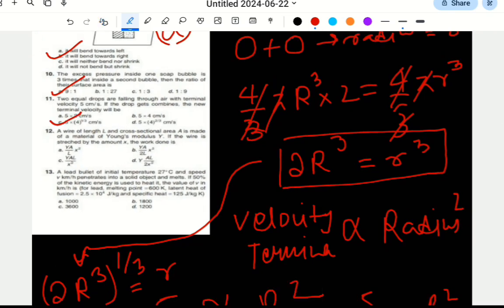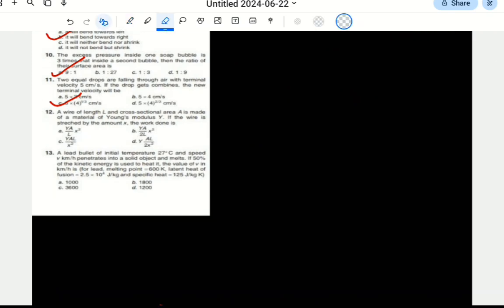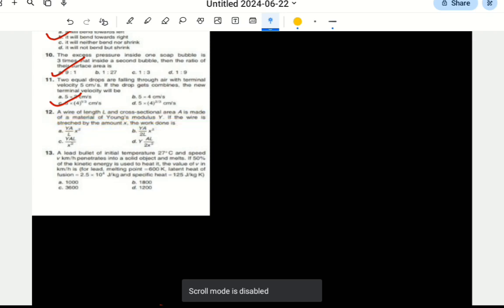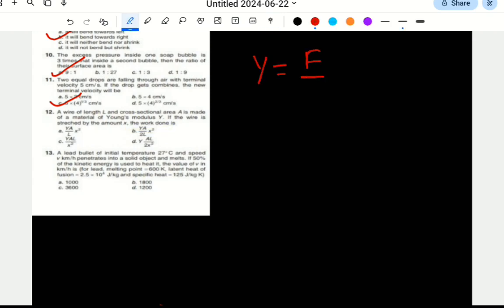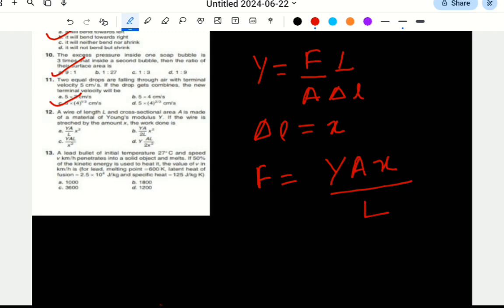Okay, now let's move on to question number 12. So question number 12 states that the wire of length L and cross section area A is made of material of Young modulus Y. If the wire is stretched by amount X, the work done is. So let's see that Y is equal to F upon A, delta L upon L. So here delta L is equal to X. So first of all, F is equal to Y A X by L. Now we have to find work done.